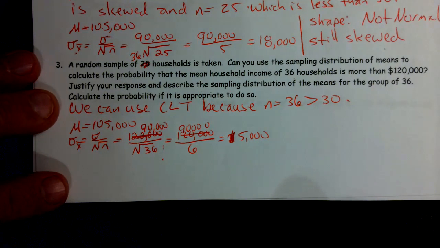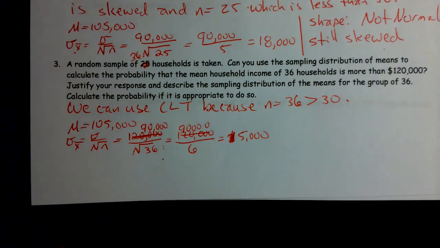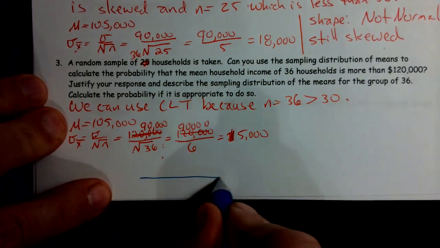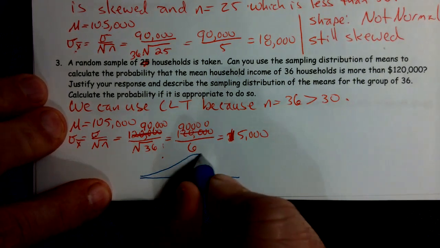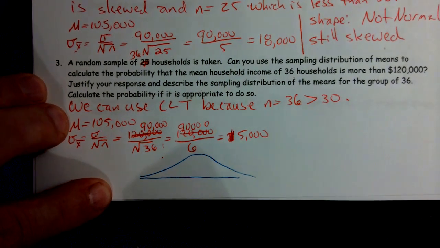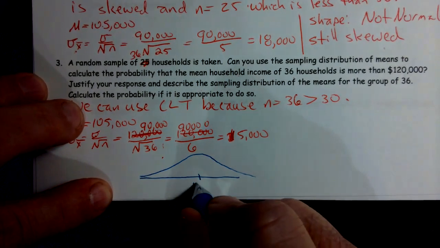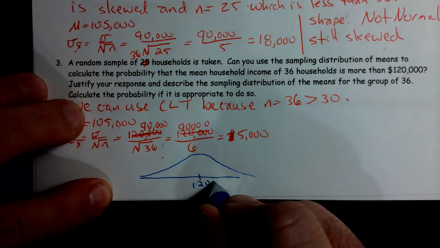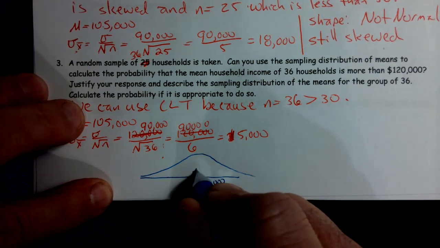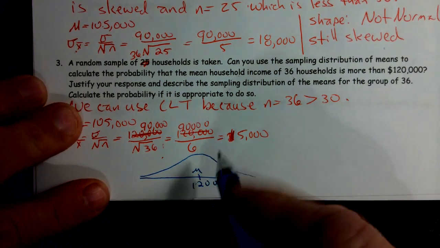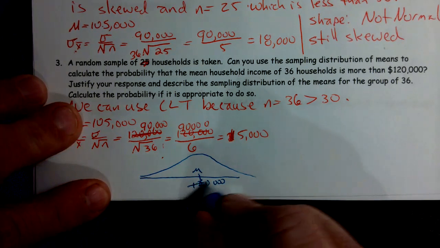All right. It also asks us to calculate the probability if we can. In this case, we can. So we're going to go ahead and draw our normal distribution. So our normal distribution is centered at the 120,000. That's our mean. And we want to know the 105,000. I'm having a little bit of trouble.